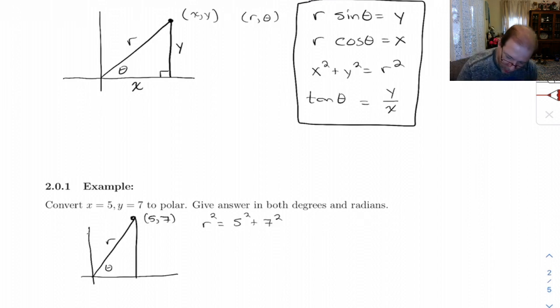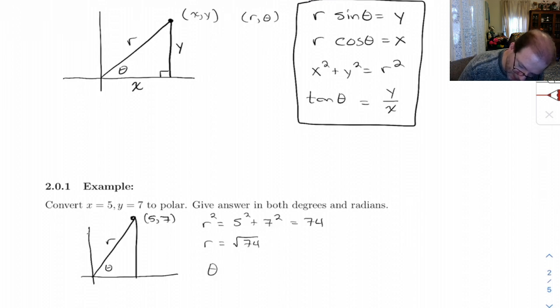That's 74. Can we reduce that at all? I don't think so. 74, if you divide that by 2, you get 37, which is prime. So r squared is 74, so r is square root of 74.